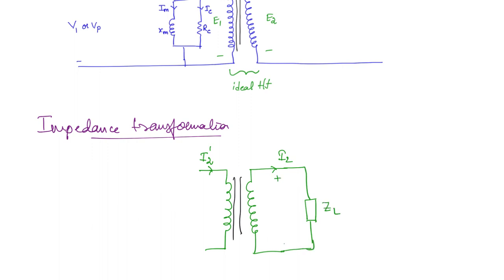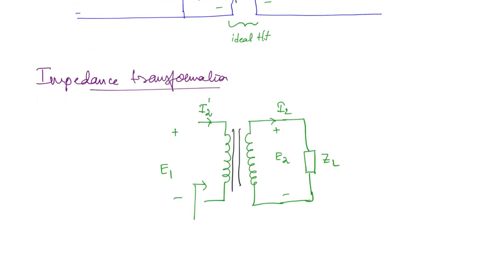Now this voltage, let this be E2, and this voltage, let this be E1. Now we want to eliminate this part and we want a simple impedance, okay. Then we will need the equivalent impedance as seen from this side. So this, if you take as ZL dash, what will be this ZL dash? This is going to be E1 by I2 dash.